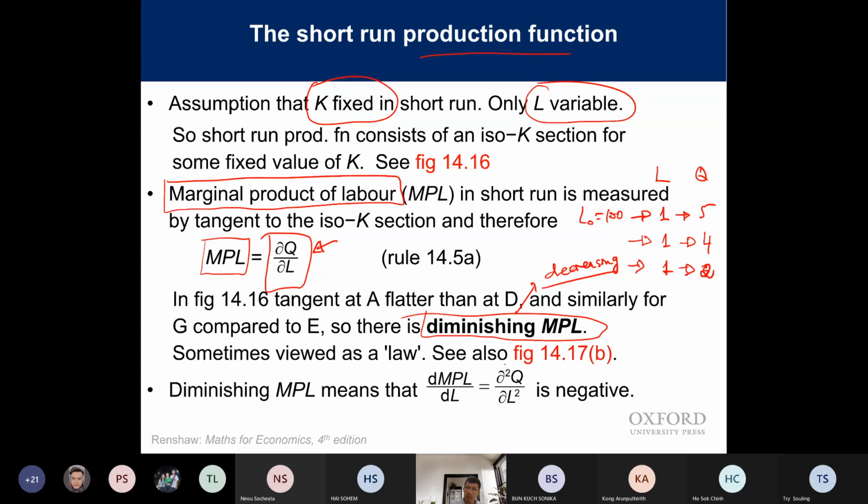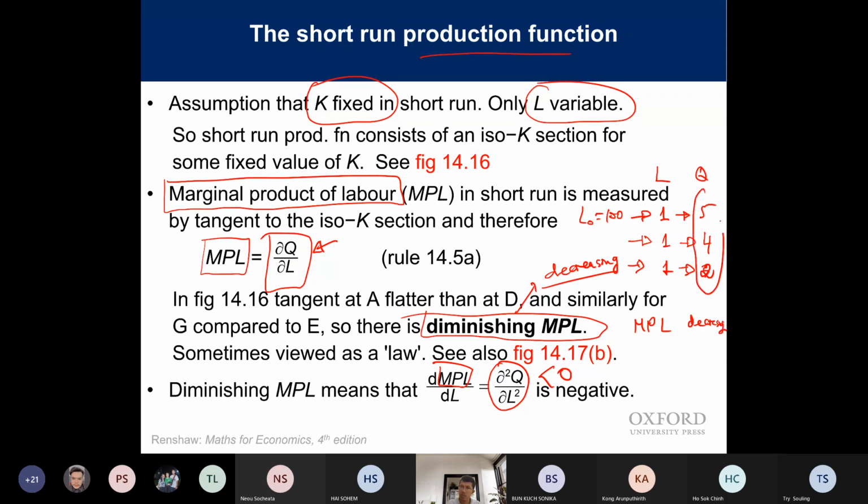So this is what is meant by the marginal product of labor being diminishing, and it is captured by the second derivative being negative. If you want to measure the increment, which is of course the MPL, the marginal product of labor, you differentiate with respect to L; you vary L again, you add one more L. The increment tends to decrease, so this function is decreasing.